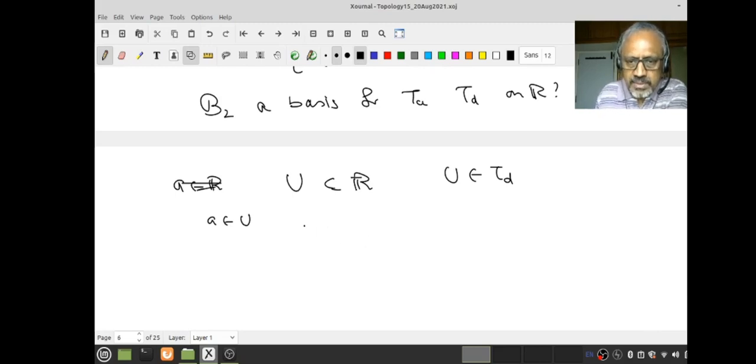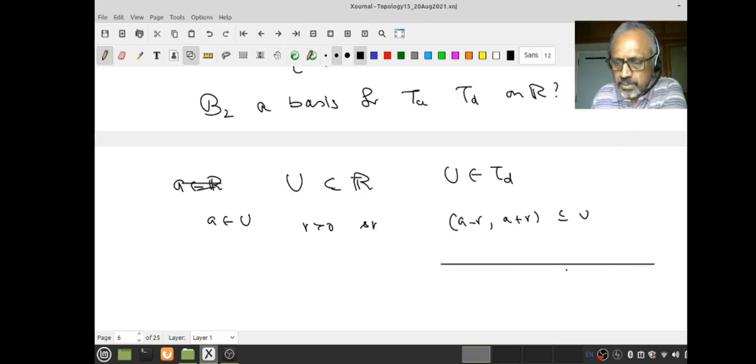I know that there is an r positive so that (a minus r, a plus r) is contained in U. Do you understand this?